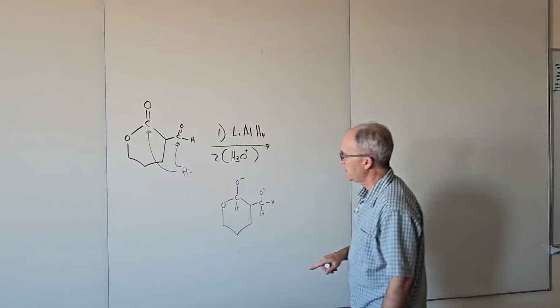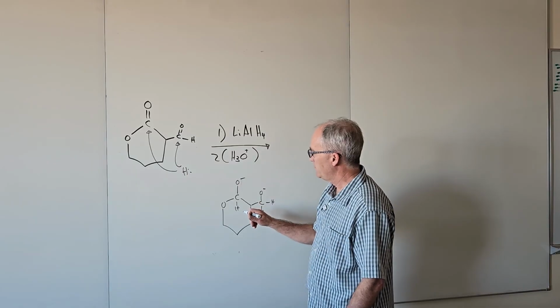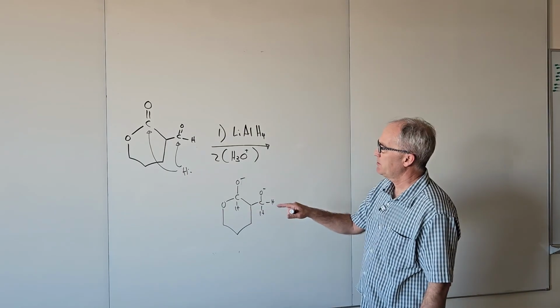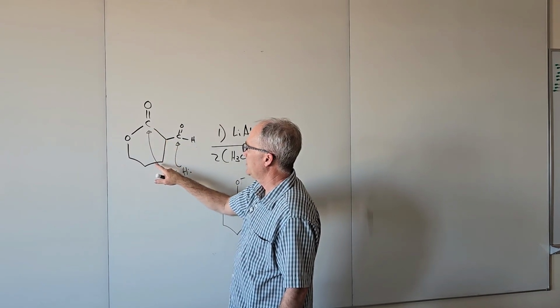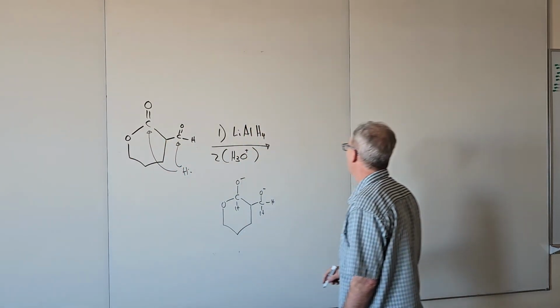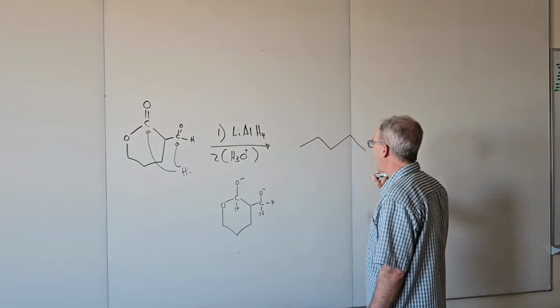So anyway, let's not get too carried away. I'm not sure of the order in which we want to do this. Here's what I'm going to do. I've got a 5 carbon chain: 1, 2, 3, 4, 5.